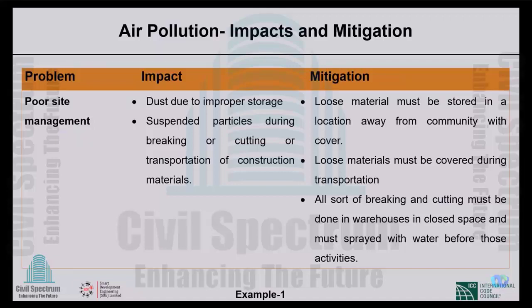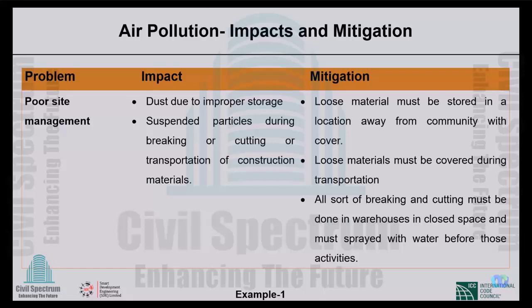So I will give you some examples. Here are air pollution impacts and mitigation. Air pollution comes from poor site management. If you don't do proper site management, keeping your sand covered, keeping up the watering and that sort of thing, then there will be air pollution.